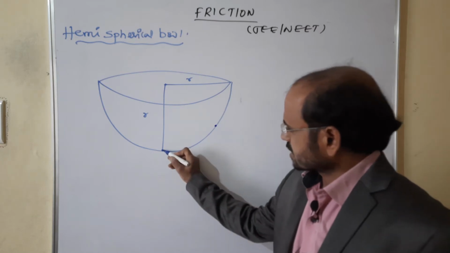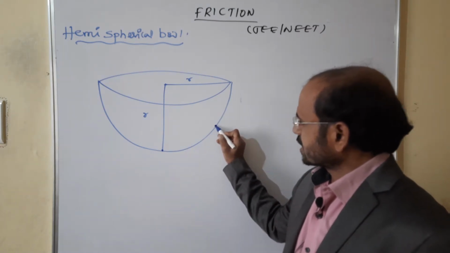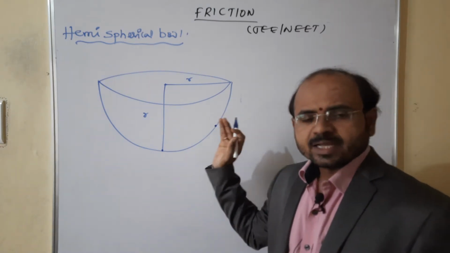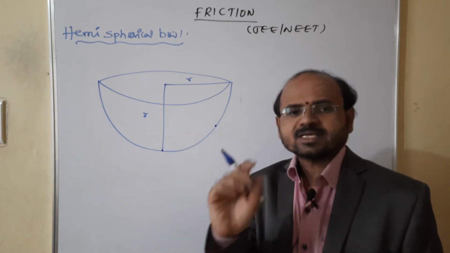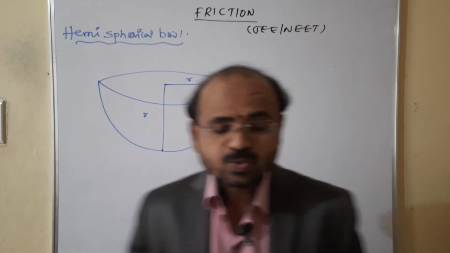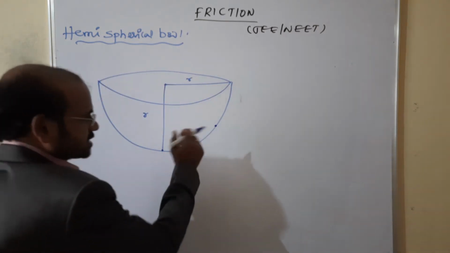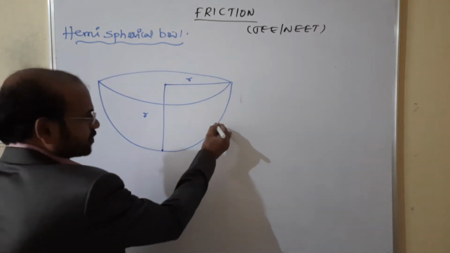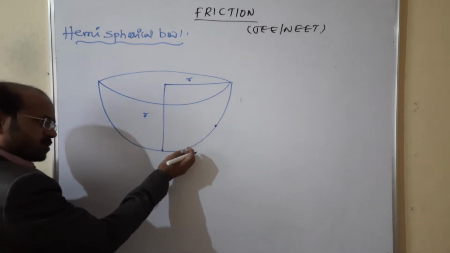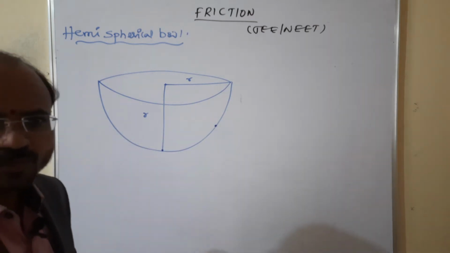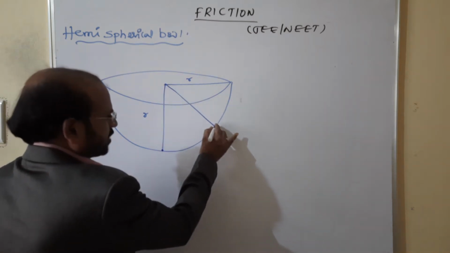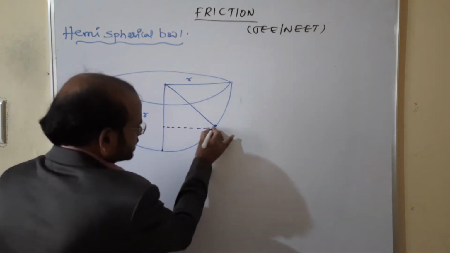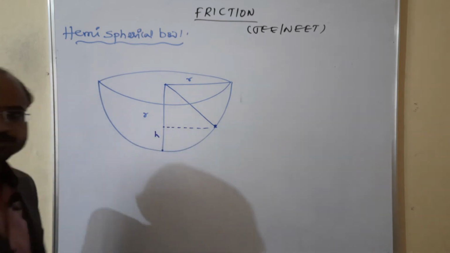At that height, the insect loses contact with the surface, and then it slowly comes down. It falls down. So the question is to find at what height the insect loses contact.